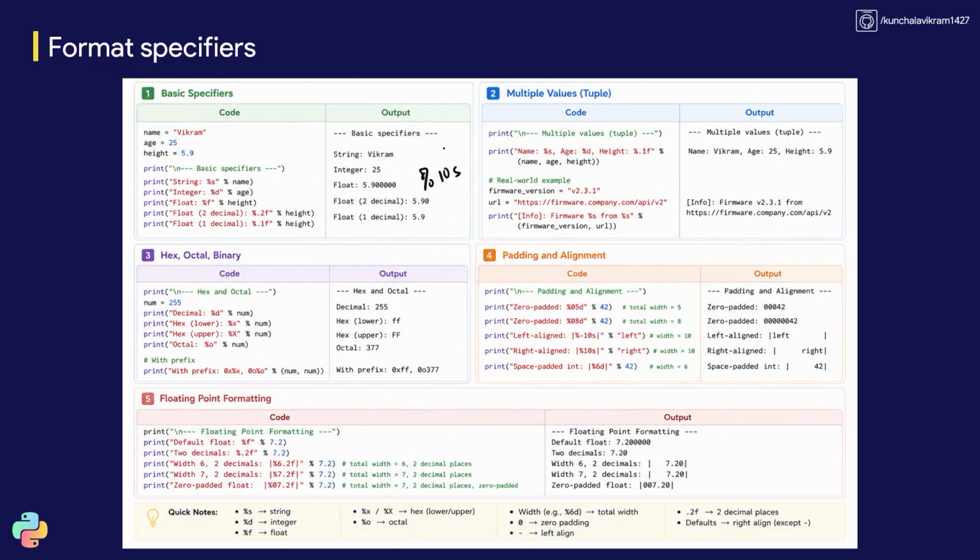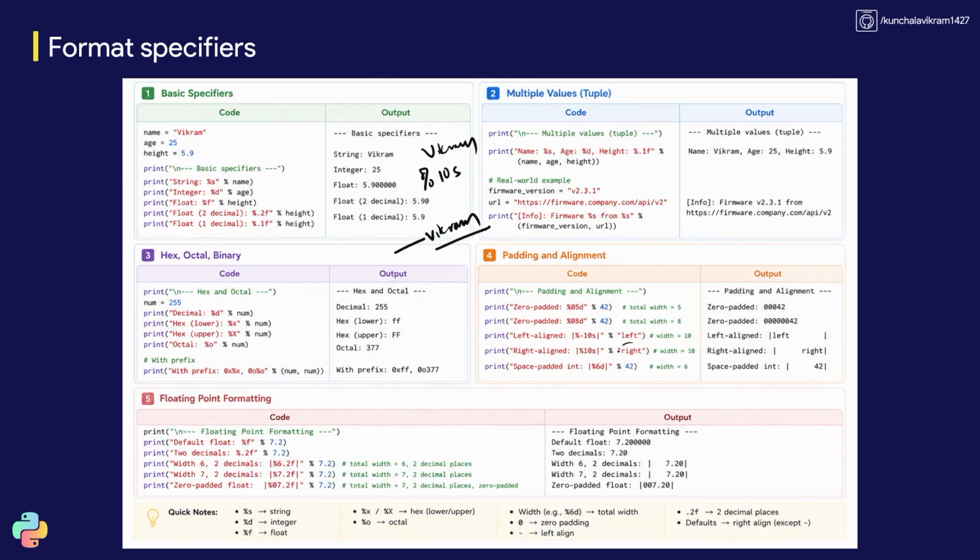For example, I want to print the name Vikram. It will have Vikram printed at the very right. It will have 10 characters, so it will leave the rest, but Vikram will be right aligned.